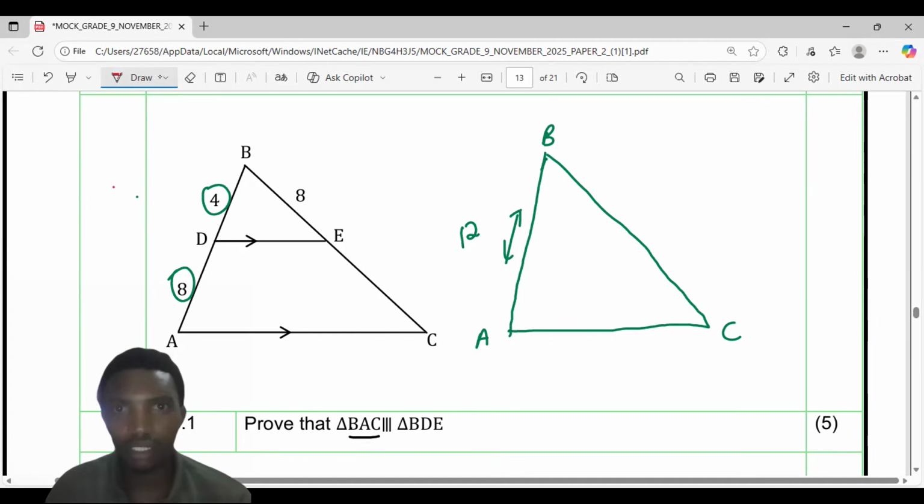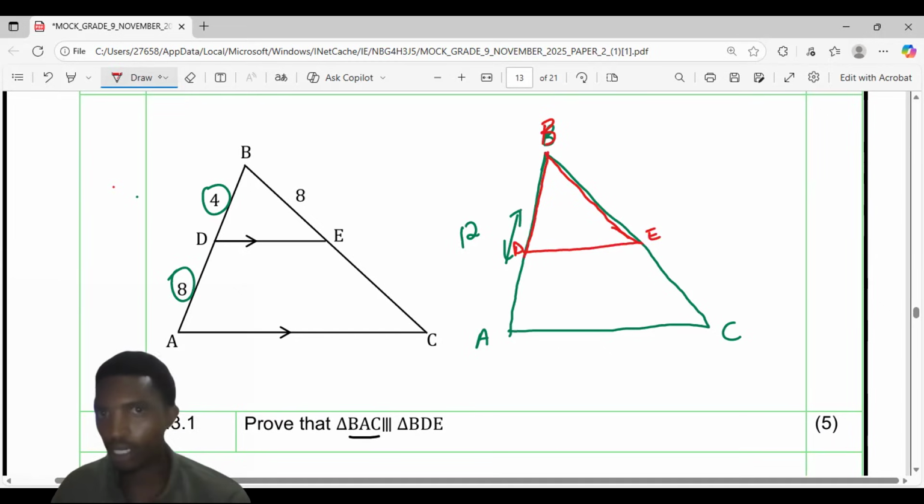That small one is inside this one. I will write B again so that you can see that B is both green and red. So B, D, E. Those are our two triangles.